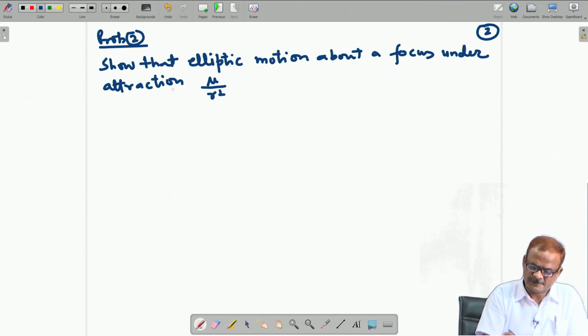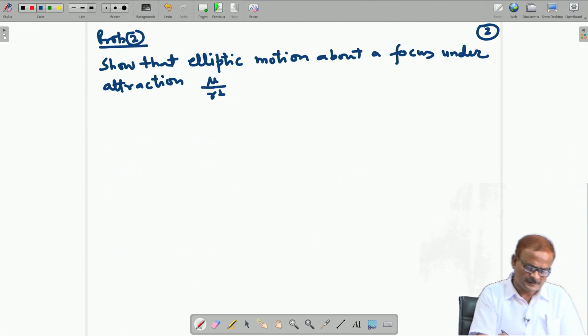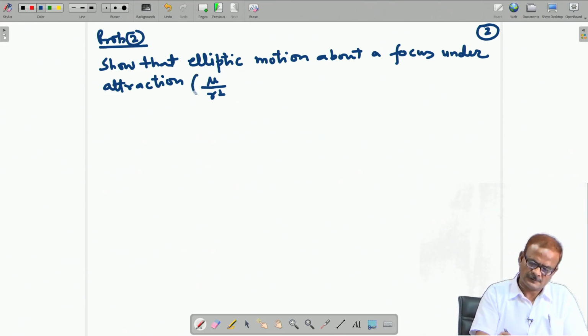Here attraction is written, so only mu by r square. Actually, we should put a minus sign here, so that we will do later on. Once we are writing attraction, it is always negative.